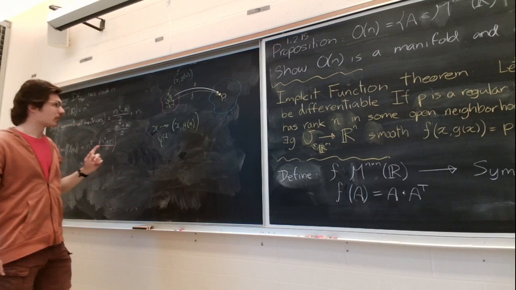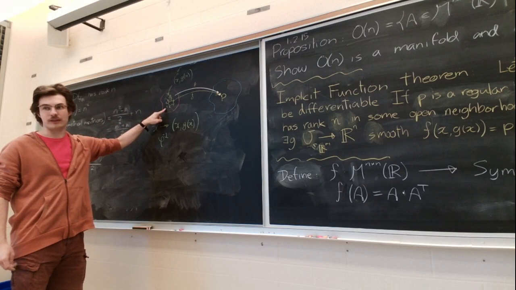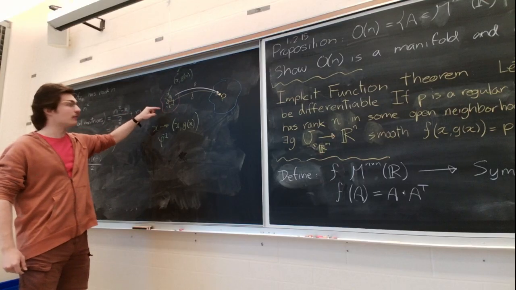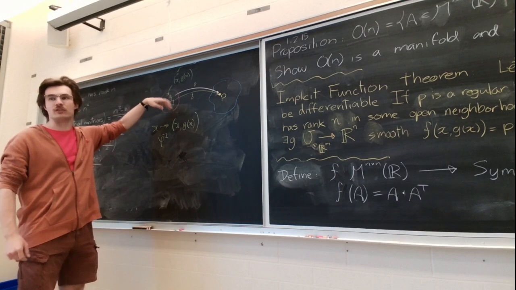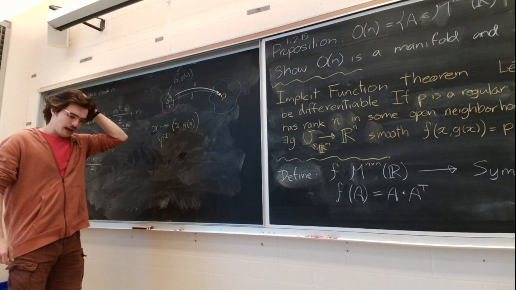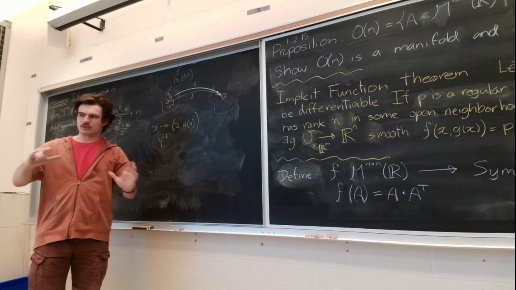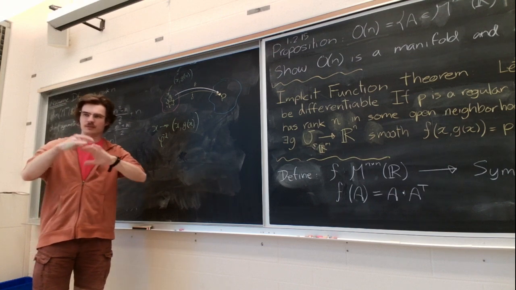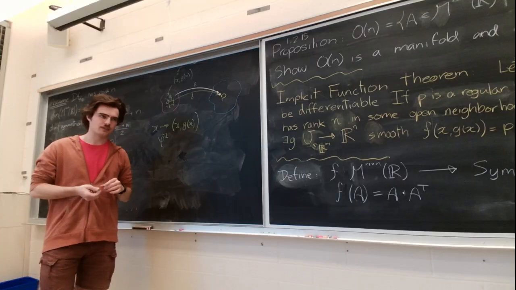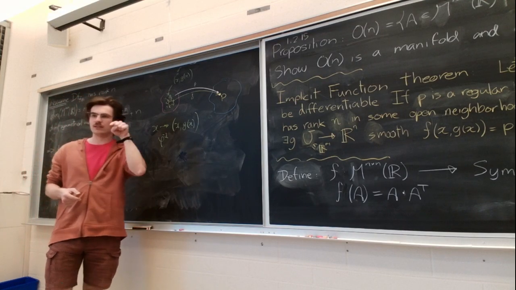What's the idea? I have a manifold structure on all the matrices. Do you agree? And I have this O of n sitting inside of the matrices. Do you agree? And I want to figure out what O of n is inside of these matrices. It's some submanifold. What we'll essentially do later is find a point that is inside of O of n.